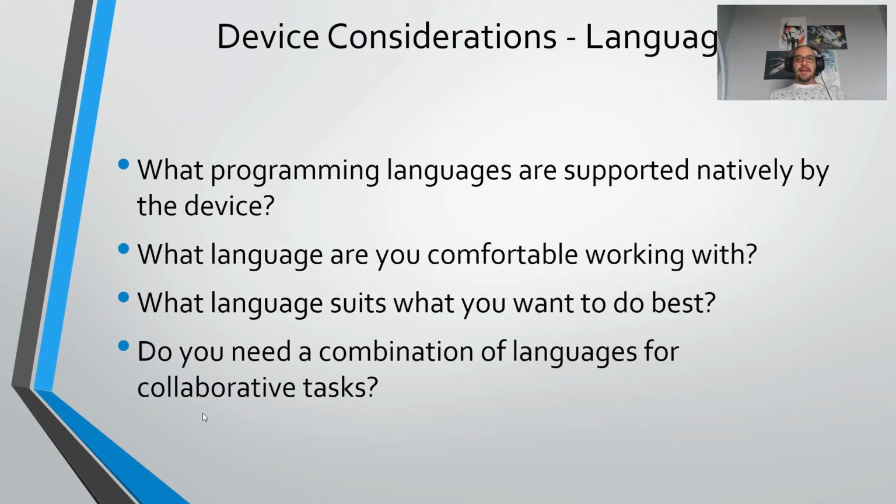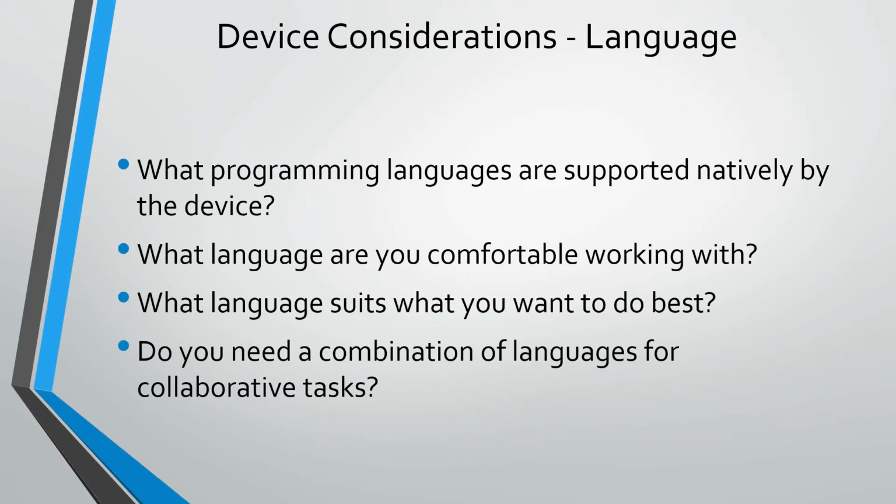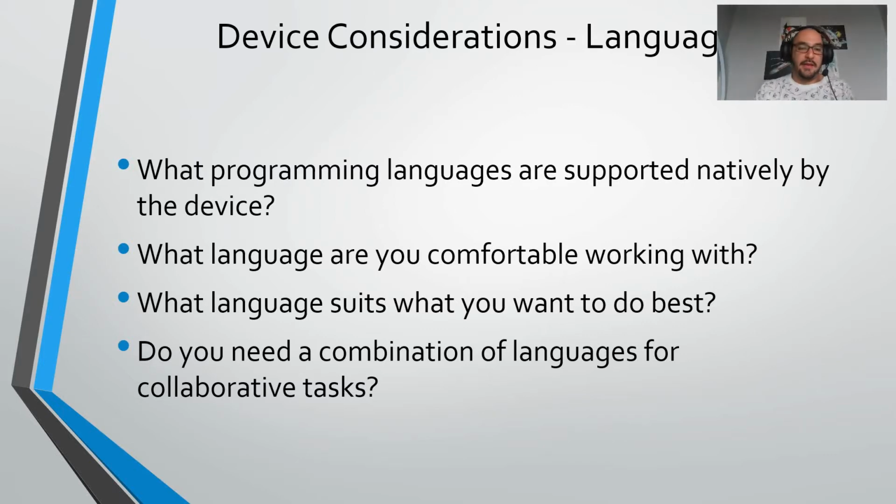So what about the language? Different platforms are defined for different programming languages. For example, Android Studio is designed for you to develop using Java or Kotlin, Kotlin being a variation of Java. So you pretty much have to know Java to do an Android application if you're going to use the native framework.